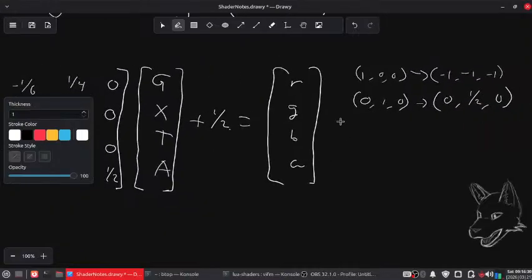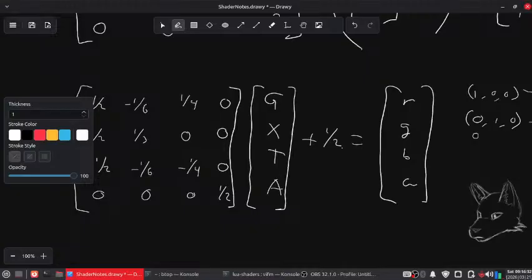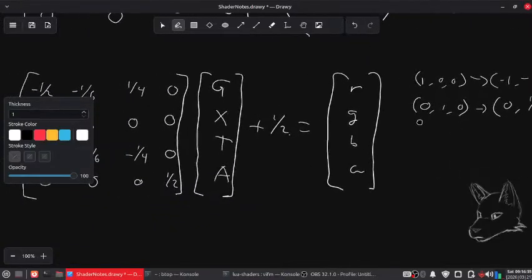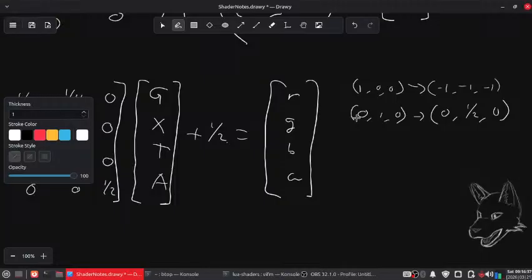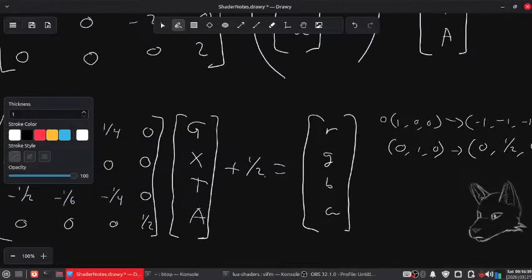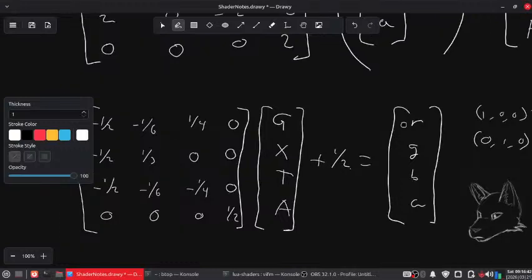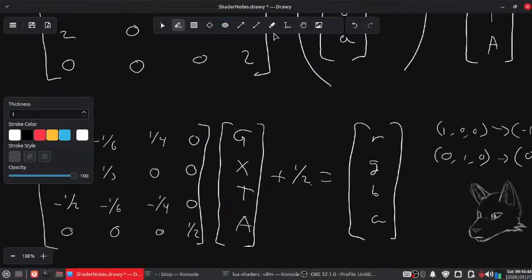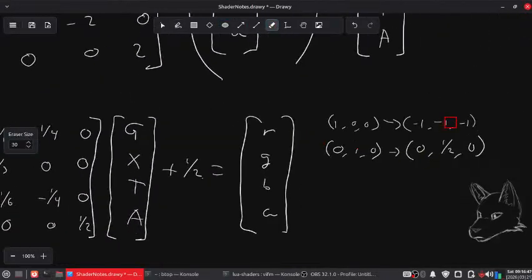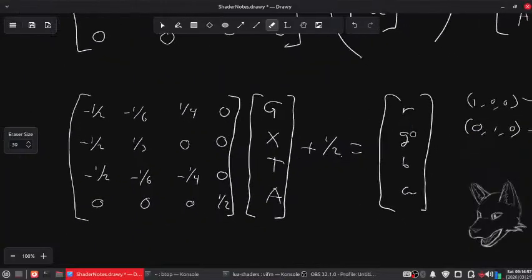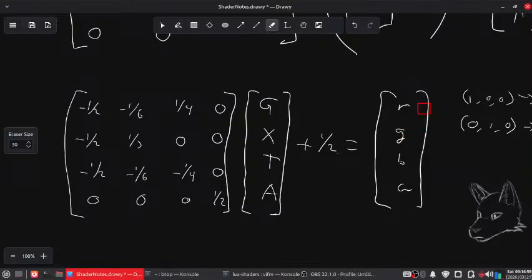Oh, I know we did this wrong. G is 0. I did this math wrong. It's not that. It is literally just RGB is just G is just 1 1 1 1.